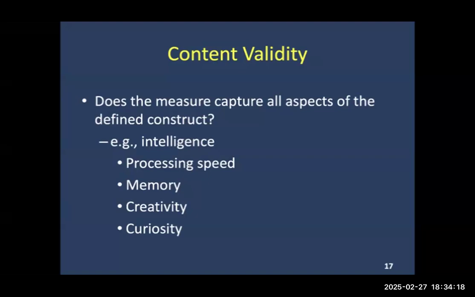We're looking at previous research to help us establish that yes, we actually covered all the different aspects of this construct we're interested in. If we're talking about intelligence, we include these components that other research studies have shown to be part of intelligence. If we're talking about happiness, then we need to include all the different aspects that other studies have shown and established to be part of that construct.